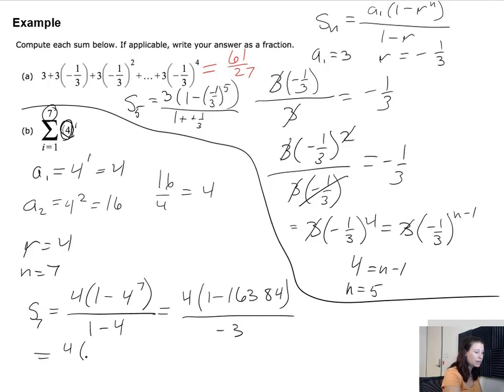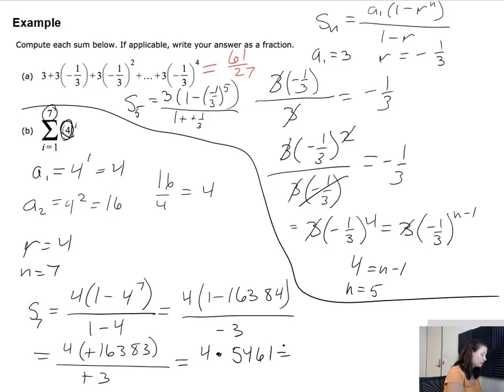So that's 4 times, let's see then, negative 16,383 divided by negative 3, so those will cancel. And then this is 4 times 5461, which is 21,844. So that means that this is equal to 21,844. Okay, and those are both of our answers for that one.